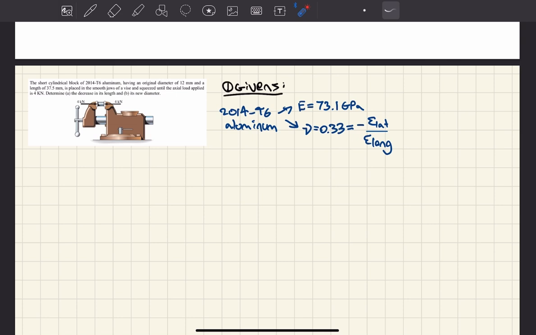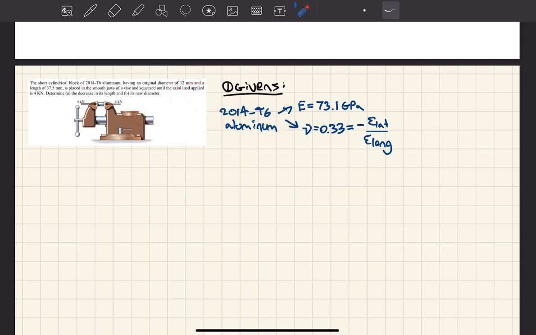A much simpler physical example you can think of is a marshmallow. Let's say this is your lateral axis and this is your longitudinal axis. What's going to happen if I pull this marshmallow in this direction? Well, the diameter is going to get smaller, right?